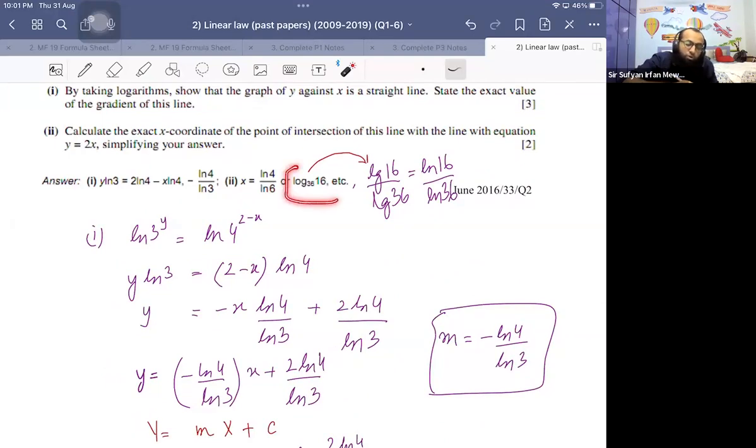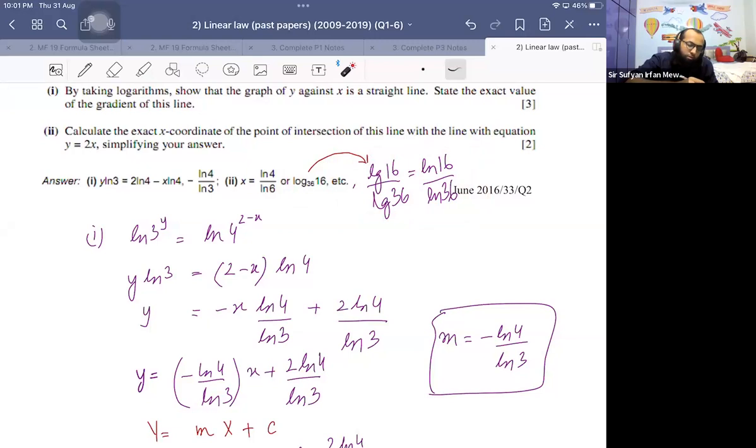However, as per that law, log of 16 with a base of 36 is the same as lg 16 upon lg 36, and it is the same as ln 16 upon ln 36. So if this particular answer is accepted by the examiner, then even ln 16 upon ln 36 would be accepted. Whosoever is getting this answer, that is a perfect answer as per this marking scheme and will be awarded full marks.